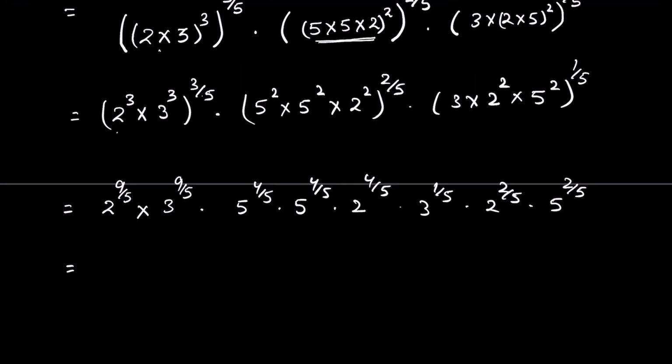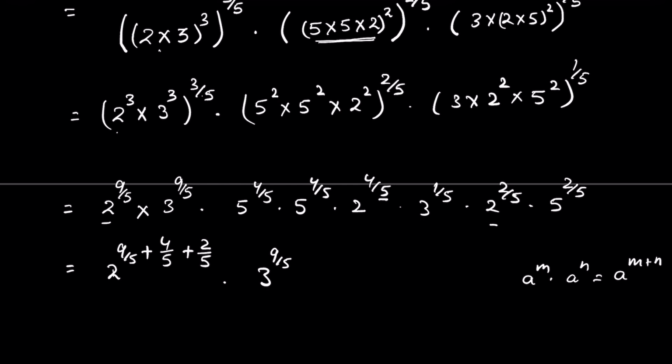Again we have an identity where a raised to the power m times a raised to the power n is equal to a raised to the power m plus n. So let's add the powers where the bases are same. So 2 raised to the power 9 upon 5 plus 4 upon 5 plus 2 upon 5, times 3 raised to the power 9 upon 5 plus 1 upon 5, times 5 raised to the power 4 upon 5 plus 4 upon 5 plus 2 upon 5.